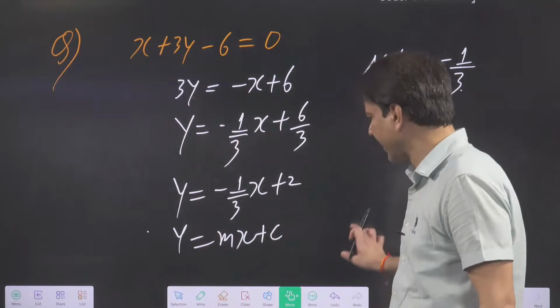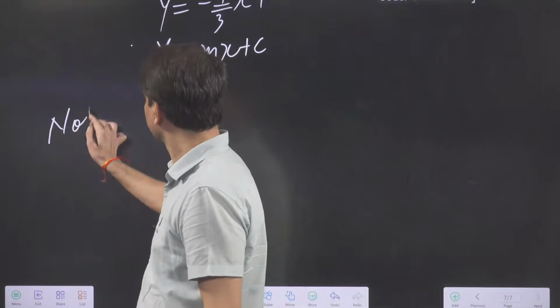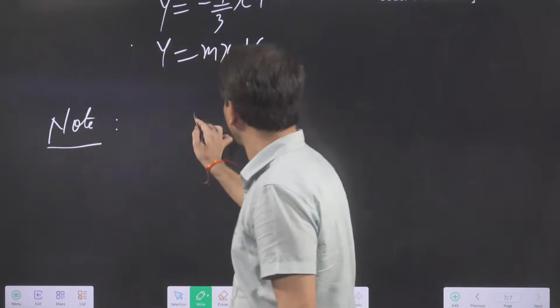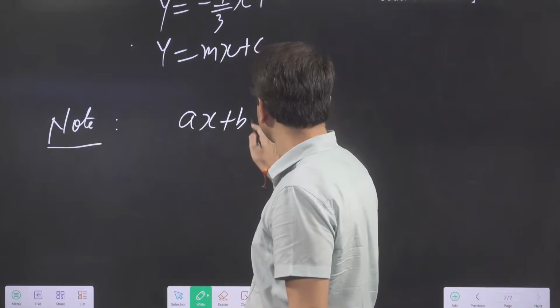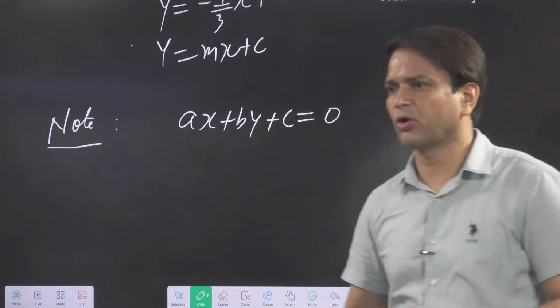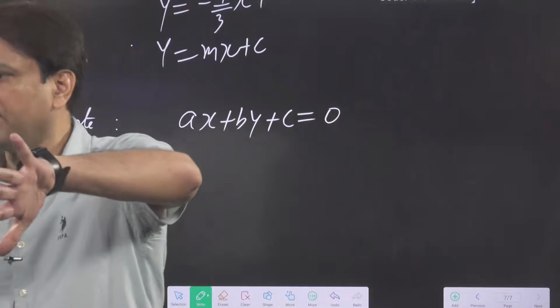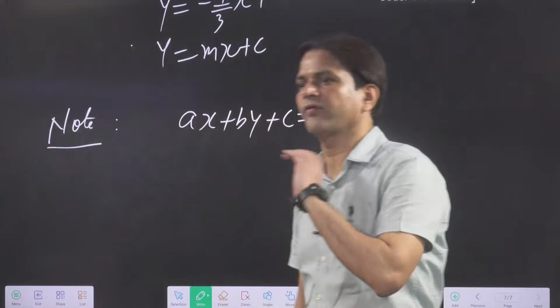But it will take time, so directly remember: if ax + by + c = 0, whatever sign, this is the equation of a straight line. We rearrange and put everything on one side, equal to 0. It is the equation of a straight line.